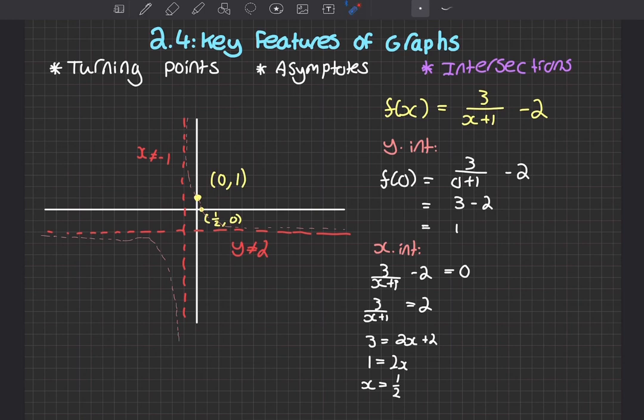So in IB style questions, whenever you're asked to graph a function, you'll always be expected to show any turning points, asymptotes, and intersections that the function may have. So here there's no turning points really, but you do have the asymptotes and your two intercepts, and you will be expected to always show those on your IB style questions.